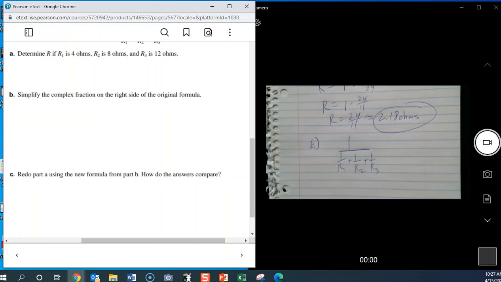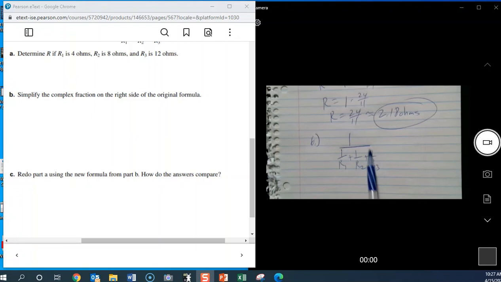First of all, we need to make sure that the denominator of the bigger fraction does not have a fraction in the denominator. So our first order of business is to do this here. We want to find a common denominator for all of these. The common denominator for all of these is R1, R2, and R3.